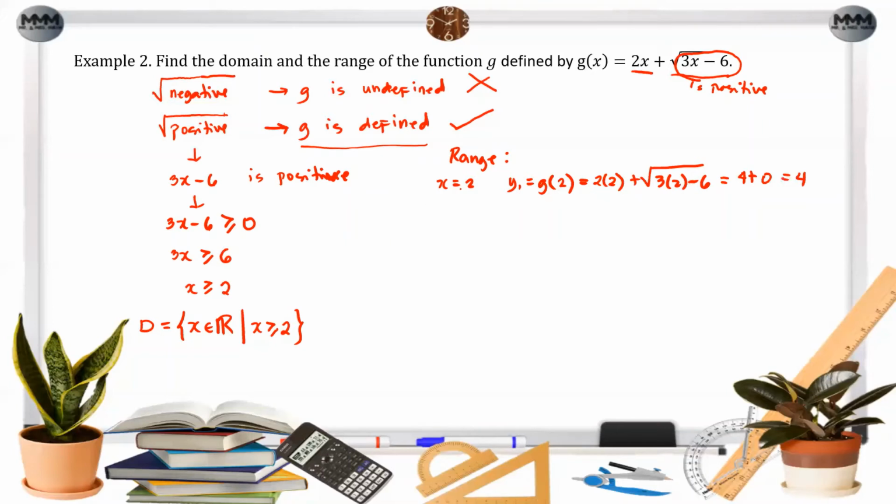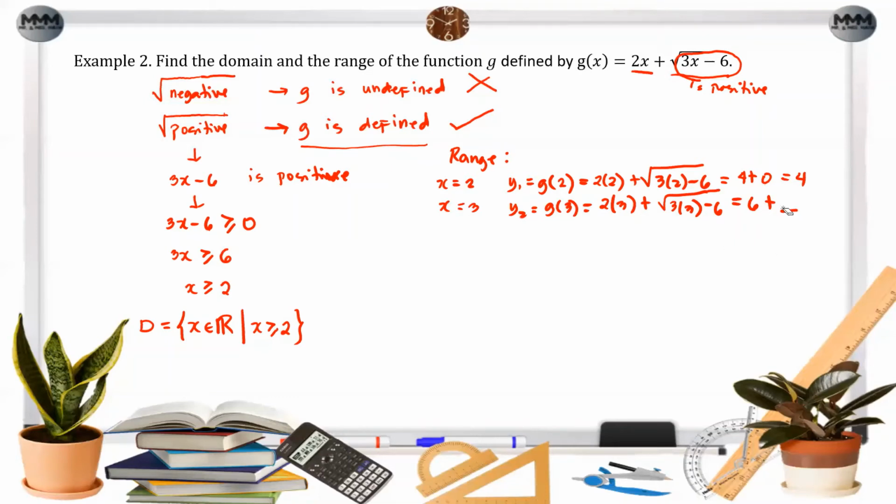Next, we have 3, which is next to 2. Let's have this as y sub 2. So g of 3 equals 2 times 3 plus the square root of 3 times 3 minus 6, which is equal to 6 plus the square root of 9 minus 6, which is the square root of 3.